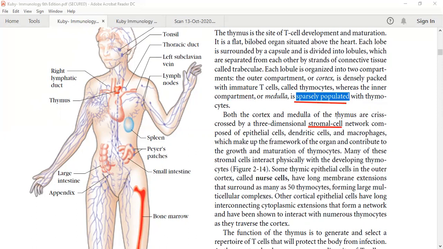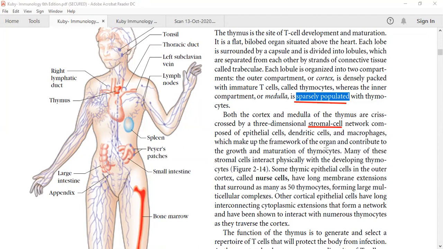They are called stromal cells in the thymus. So this is composed of epithelial cells, dendritic cells, and macrophages, which make up the framework of the thymus and contribute to the growth and maturation of the thymocytes.